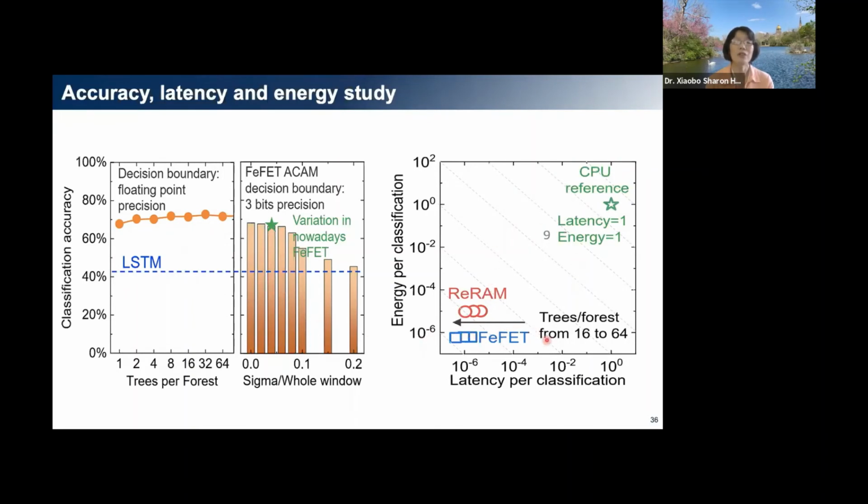Then for energy and latency, I'm plotting energy versus latency. Here's where the CPU implementation lies. I compared with the ACAM RRAM design from HP and our FeFET design. They both outperform the CPU significantly, but the FeFET, given its nice properties, has lower latency and lower energy.